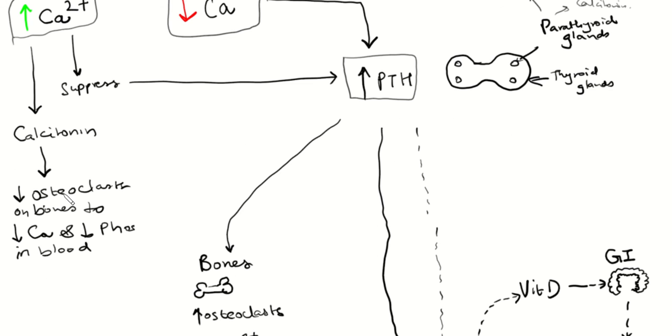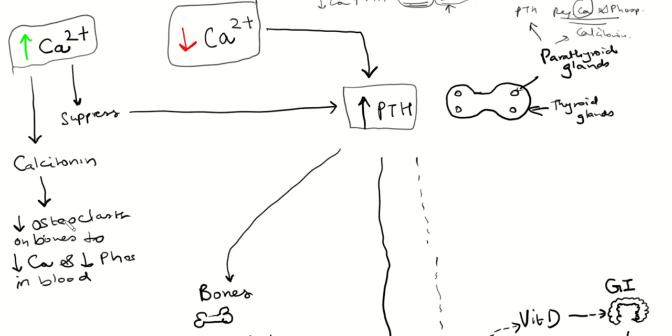And the big thing calcitonin does is it decreases the activity of the osteoclasts in the bones to decrease calcium and phosphorus in the blood. That's all it does. So you have osteoblasts and osteoclasts. Osteoclasts break bones, osteoblasts make bones. So when osteoclasts break bones, what do bones have most of?